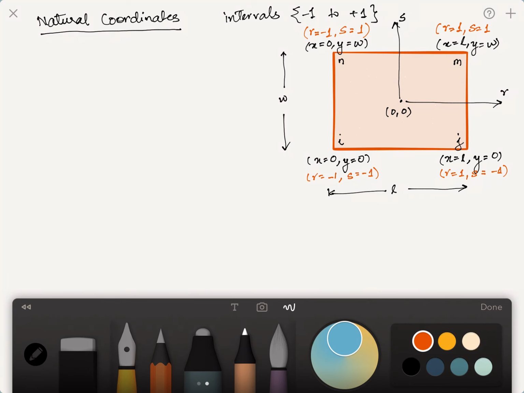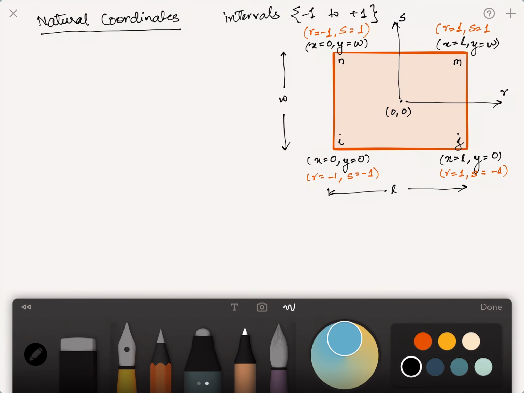So just as we did for the one-dimensional case, we can do a check for how X is related to R and how S is related to Y. So that means we will be able to write it just as we did for the single degree of freedom system, actually not single degree of freedom system, but one-dimensional system.